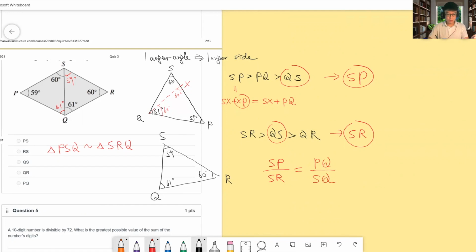But PQ and SQ are both sides of the first triangle. PQ is opposite 60 degrees and SQ is opposite 59 degrees. So this ratio is larger than 1. In other words, SP is larger than SR. So the longest side should be SP. That's the overall longest line segment. So it is PS or SP.